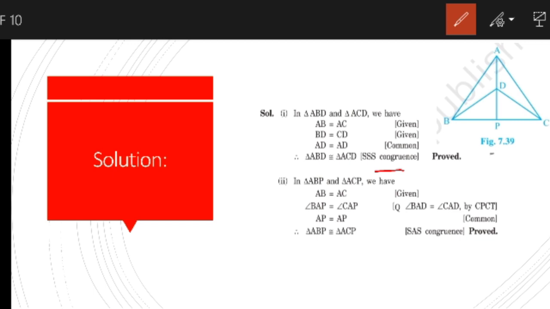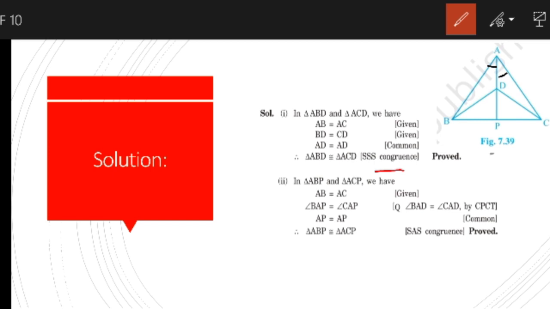When the triangles ABD and ACD are equal, we can say angle BAD and CAD are equal by CPCT. By CPCT, we can say that these are equal.